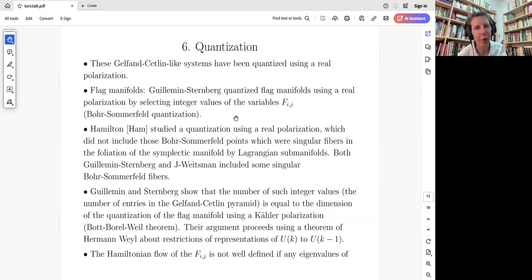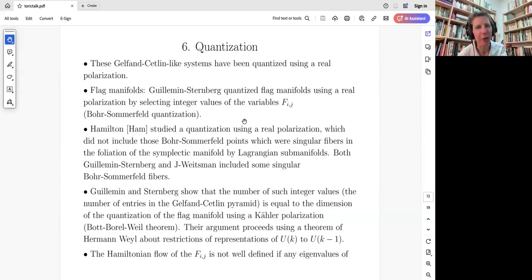Another way of quantizing is what is called Kähler quantization, and that involves equipping your symplectic manifold with a complex structure. So you have a Kähler manifold, and then taking what is called a pre-quantum line bundle, which is a line bundle with a connection whose curvature is the symplectic form.